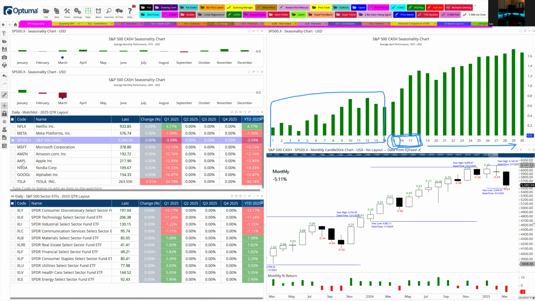Now the question is, second is when all his stupid tariffs are going to come into effect. Is the market right now pricing in those tariffs? Because markets are forward looking.